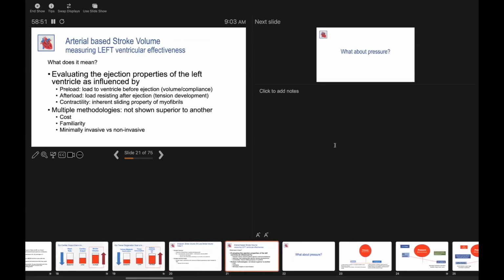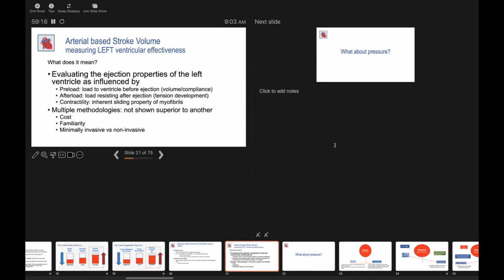I like to remind everybody that measuring stroke volume is the way we at the bedside can measure left ventricular effectiveness. So for us, our primary mechanism hemodynamically is to look at arterial-based pulsatile cardiac output, which looks at the area under the curve between systole and diastole and calculates that into a stroke volume. That's going to really help me to evaluate my patient.